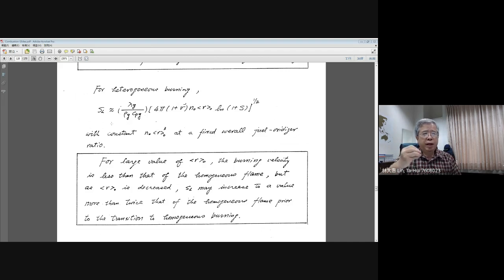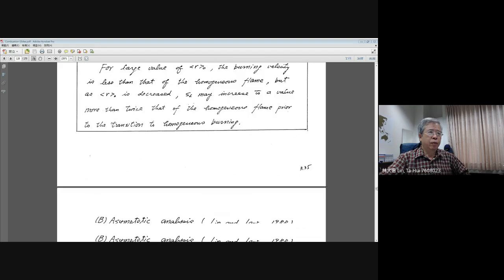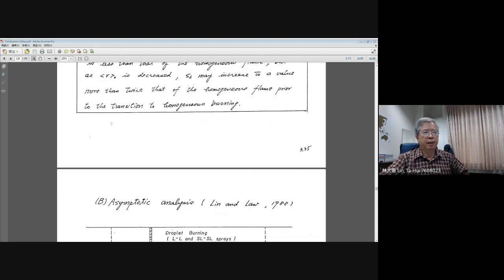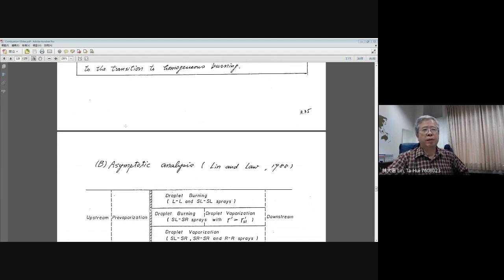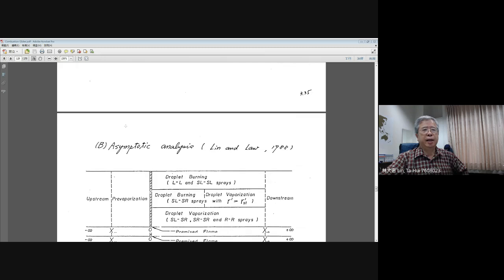The justification needs to be analyzed based on a detailed study. And those kinds of ideas and a detailed study were proposed in my master thesis, and the asymptotic analysis was published by myself and Professor Law, my advisor, in 1988.